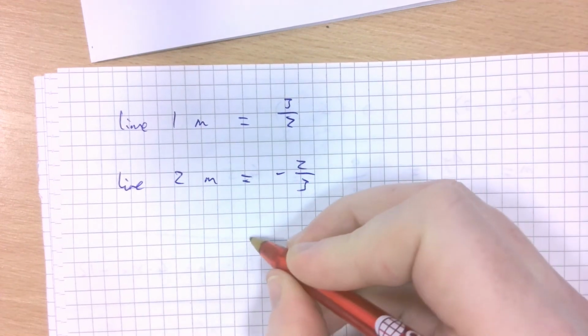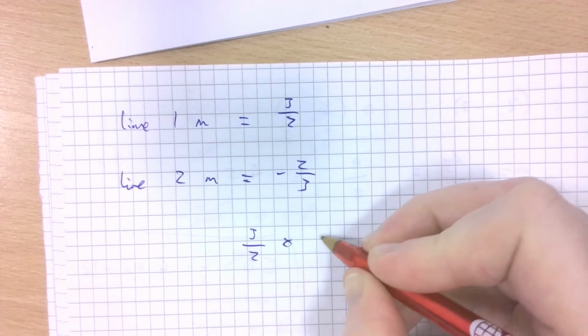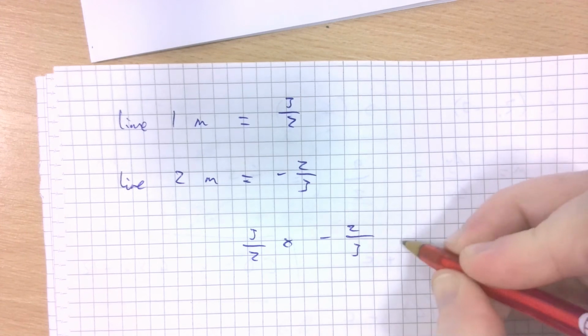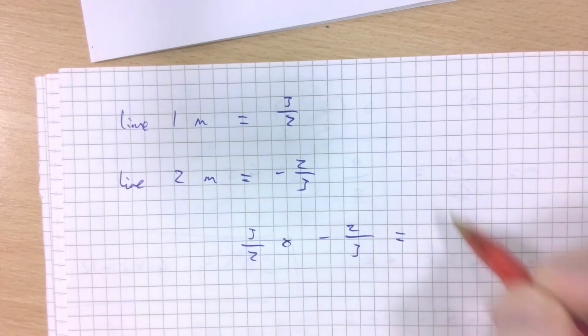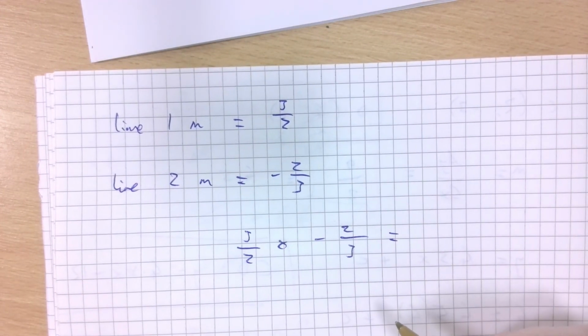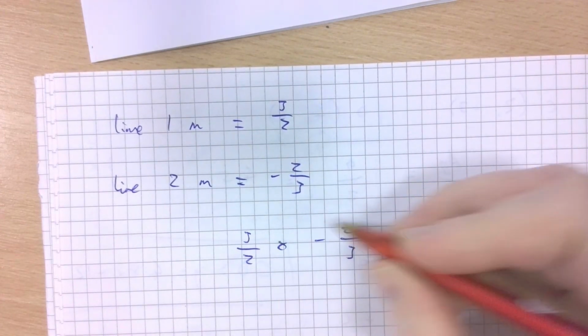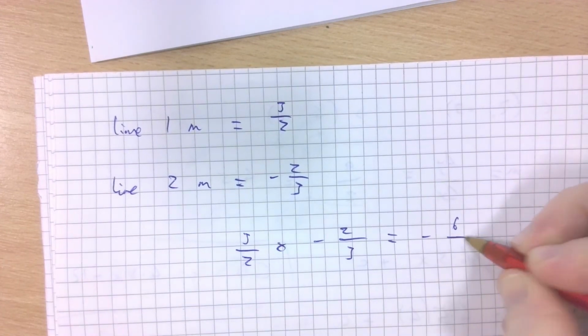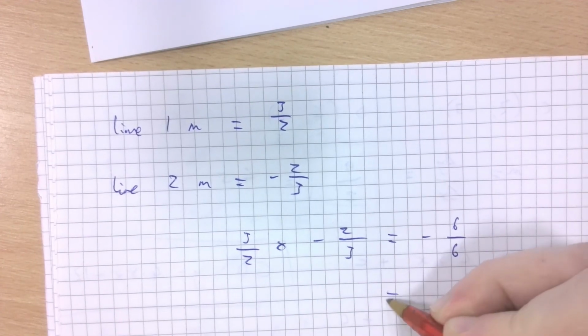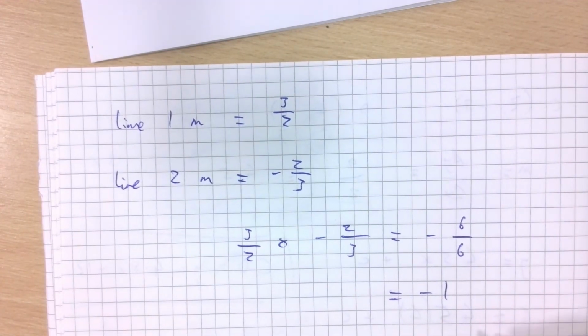Let's times them together, see what we get. If it is perpendicular, we expect them to multiply together to make something specific. Probably already know what it is, don't you? That becomes minus 6 over 6, or minus 1.